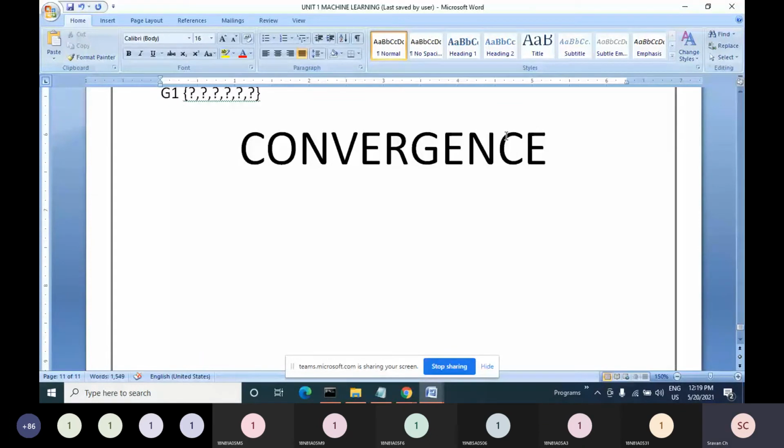For example, let us say I am trying to solve a certain problem. My expected output is 18.9 and my machine learning algorithm is showing me 17 as the output. 17 is the generated output, expected is 18.9.